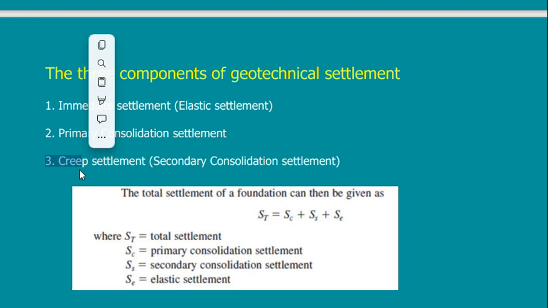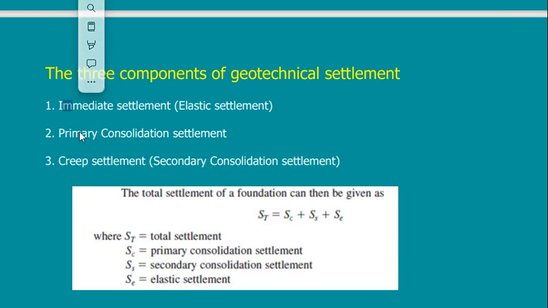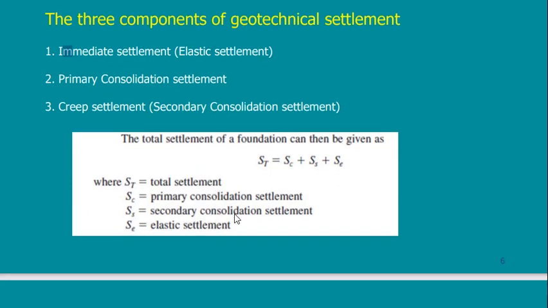The amount of the creep settlement compared to the immediate settlement or compared to the consolidation settlement is a small portion. That's why sometimes they ignore it in the design, and sometimes they take it into the design in case you want to be very accurate and the loads are very high and the structure is very sensitive to settlements, so you have to calculate it.